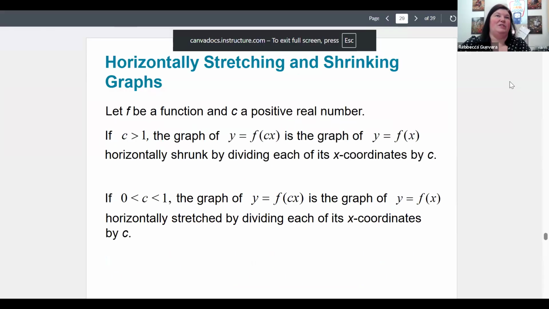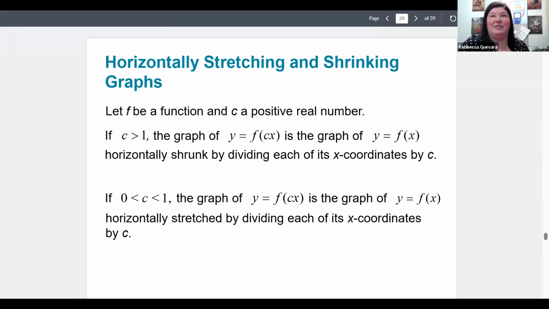Once again, anything horizontal is going to do the opposite of what happens when you do it vertically. So if once again C is greater than 1, then the graph of y equals f(cx), so C is directly on the x now, is the graph of f(x) shrunk horizontally by dividing each of its x coordinates by C. So we would have an (x, y) here, but those points are going to change to (x/C, y).